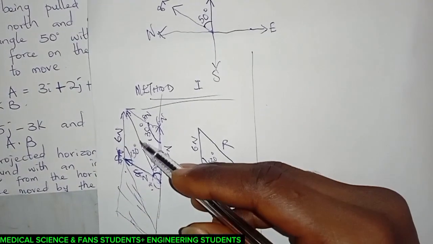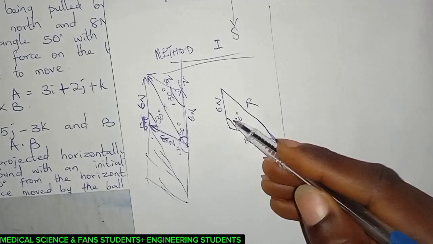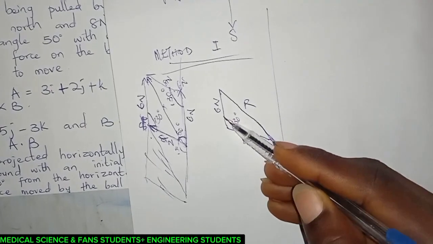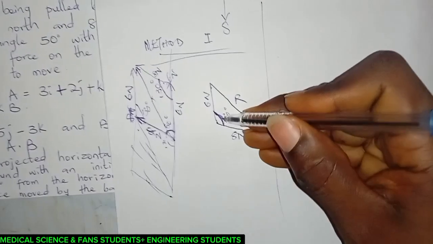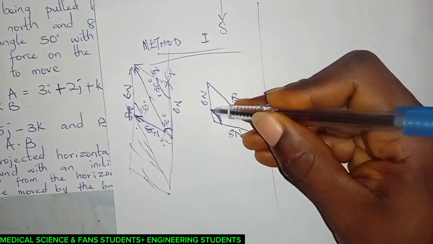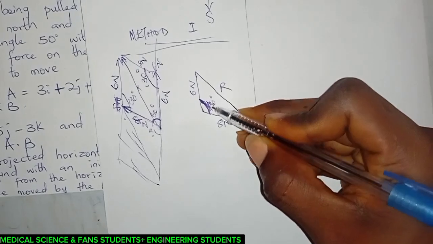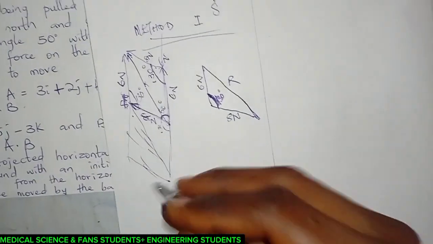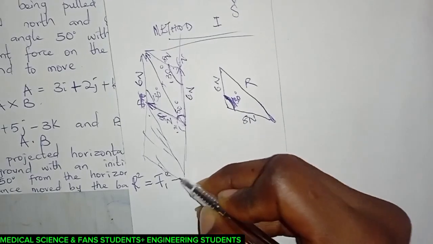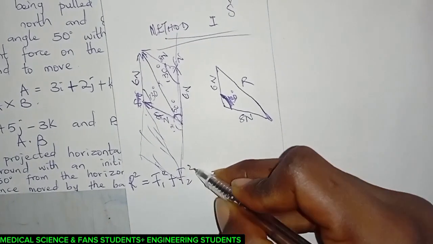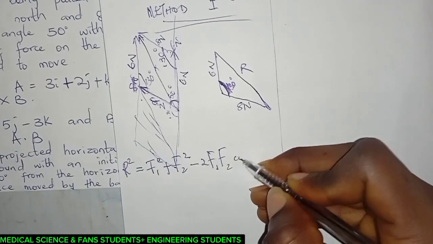Do you remember the rule of parallelogram? The diagonal gives you the resultant. So I will always find this angle. Very important. That's why I found it, because whenever I want to do the cosine rule, it's best to always use the angle facing the resultant, which is 130 in this case. So the cosine rule: R squared equals F1 squared plus F2 squared minus 2 F1 F2 cos theta.